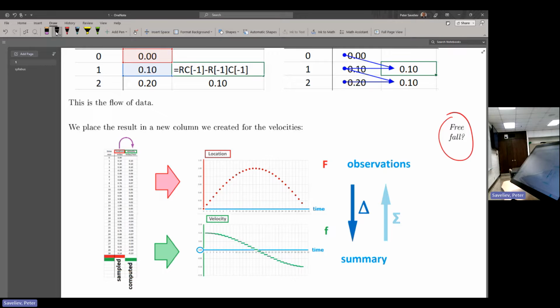Now we did more. We computed the velocities. So what's the verdict? No. Why not? Because it's starting to level off around the bottom of the velocity, it's about to speed back up. Can you be slightly more specific?